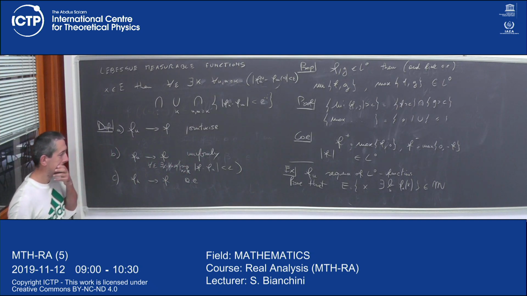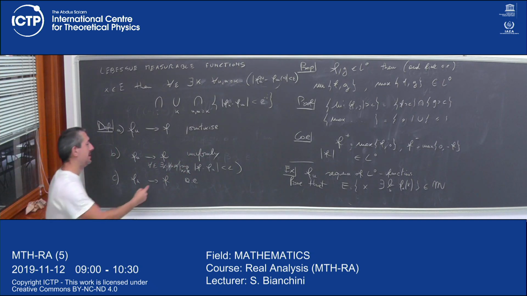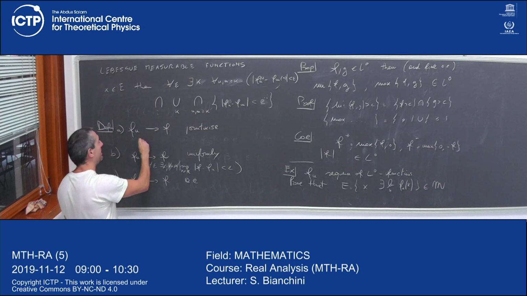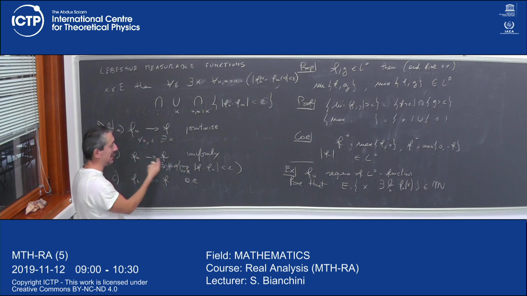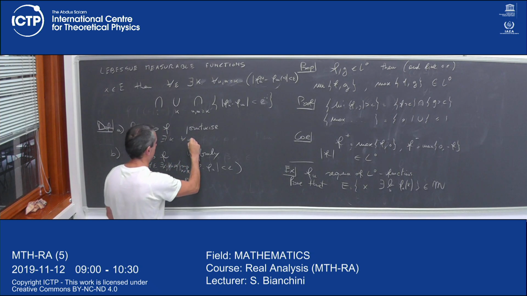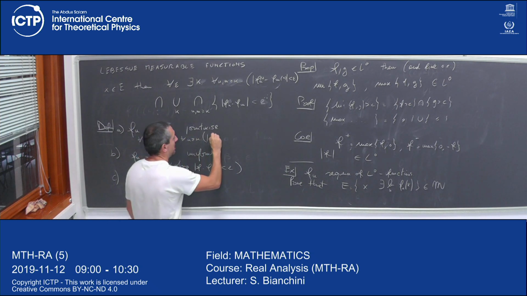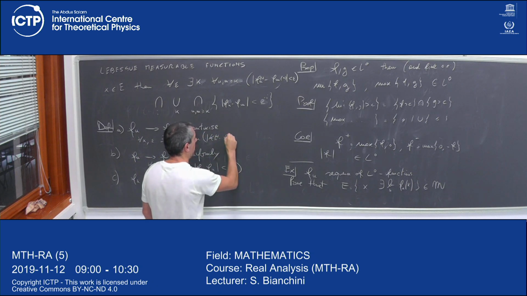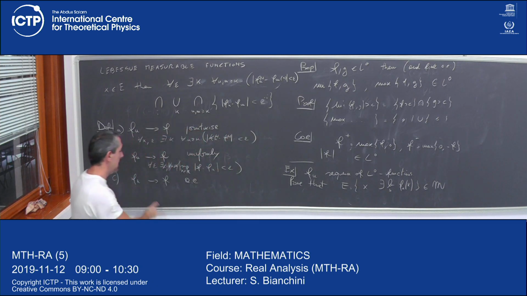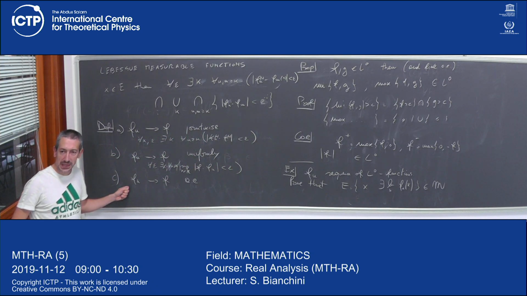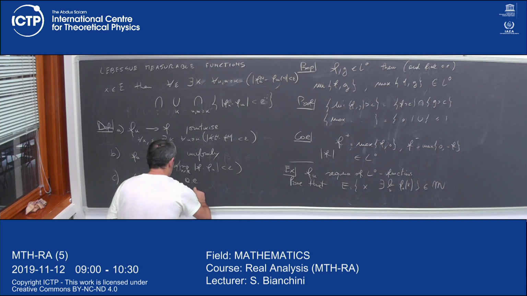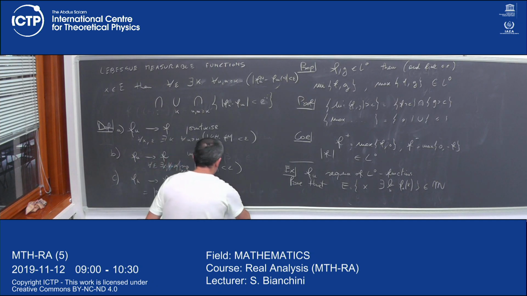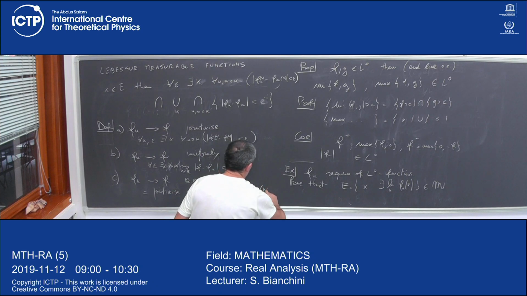And pointwise: for all x and epsilon, there exists a k, which depends now on x and epsilon, such that for all n larger than k, Fn minus f at that point is less than epsilon. And the last one is pointwise up to a set of measure 0. This is pointwise outside a set N, where the measure of N is equal to 0.